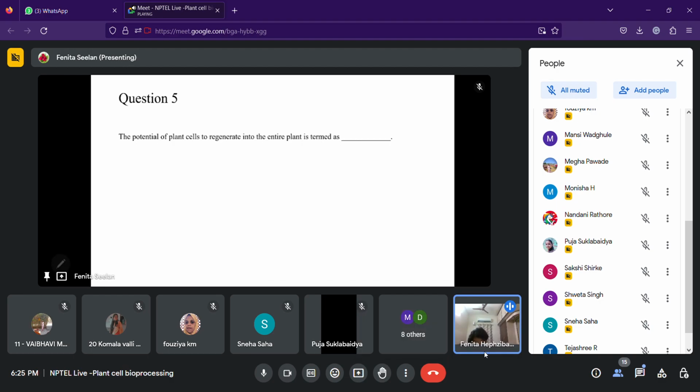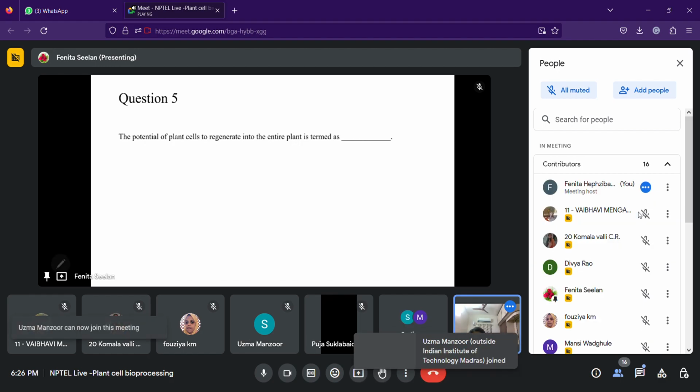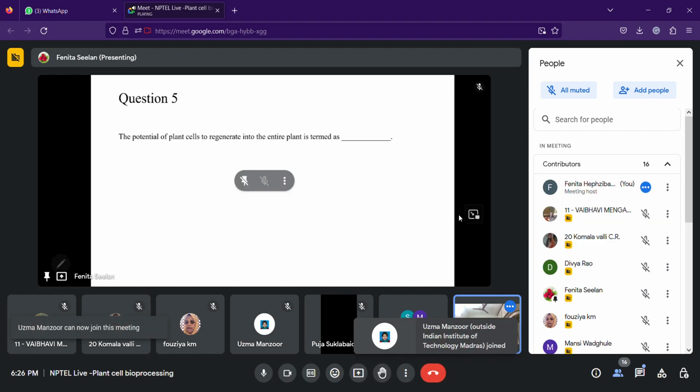Mansi has answered. What is totipotency? Totipotency is the ability of the cells to regenerate into an entire plant. What is pluripotency then? I have got only one answer.